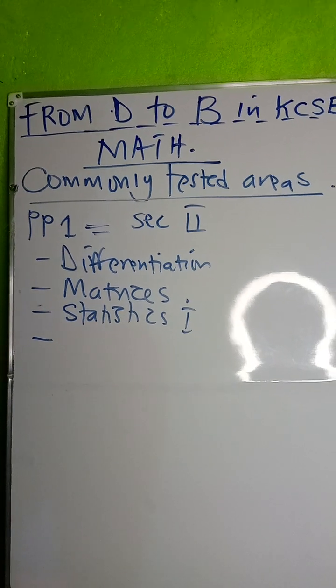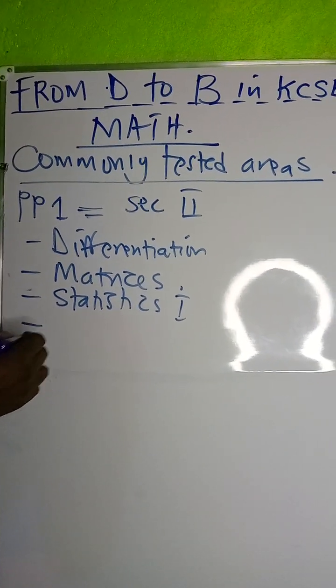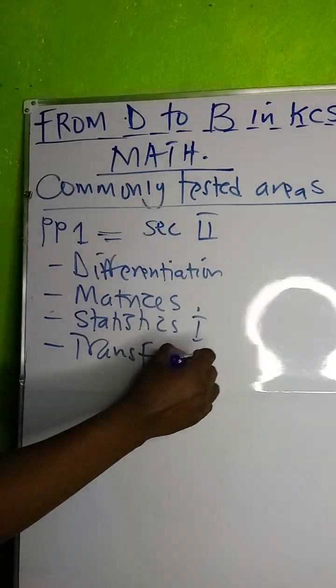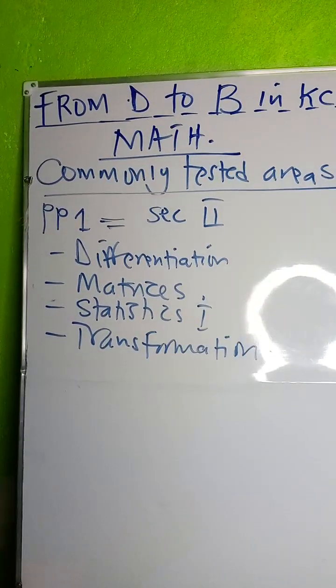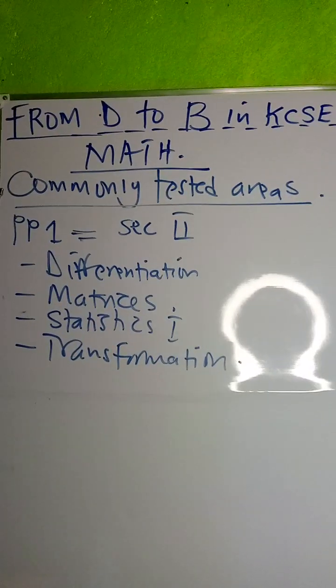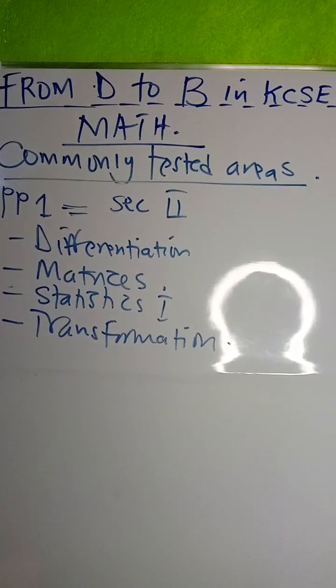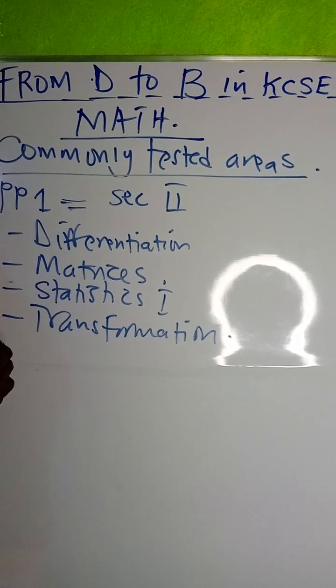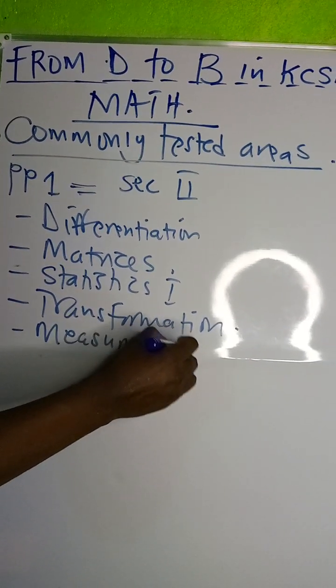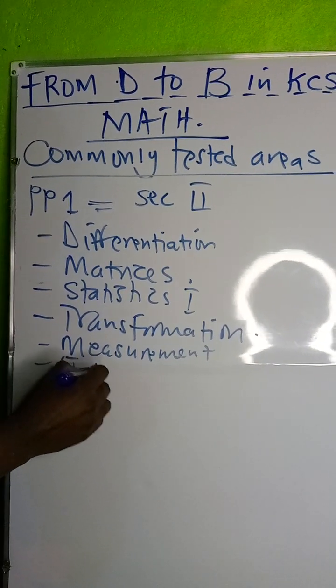We also have topics in Form 2 like transformations, that is rotation, reflection, congruence, enlargement, and translation. We also have other common topics in Form 2 like measurement and equations of straight lines.